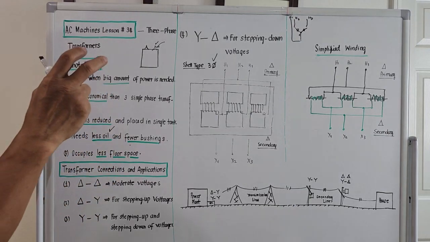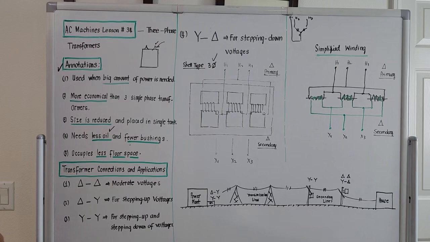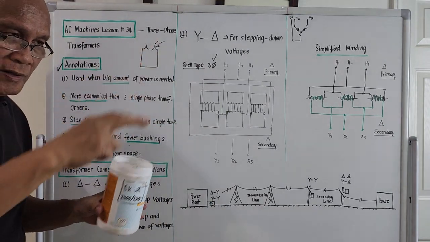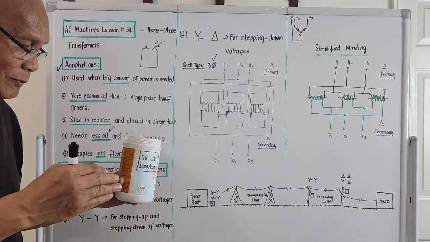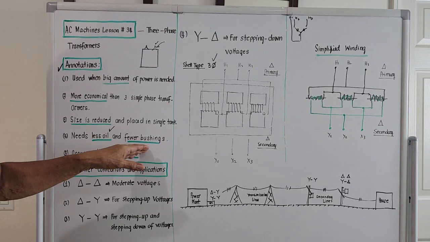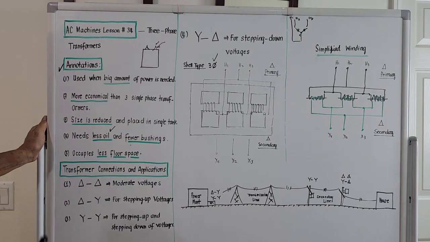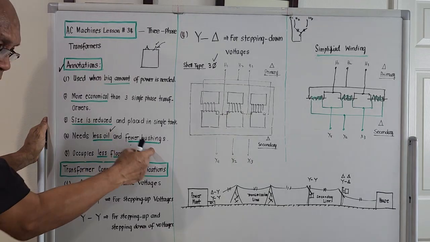So for three-phase transformers, we need less oil because we are only having one tank. Of course, it's a bigger tank, but at least the oil that we will place inside will be less. Fewer bushings.